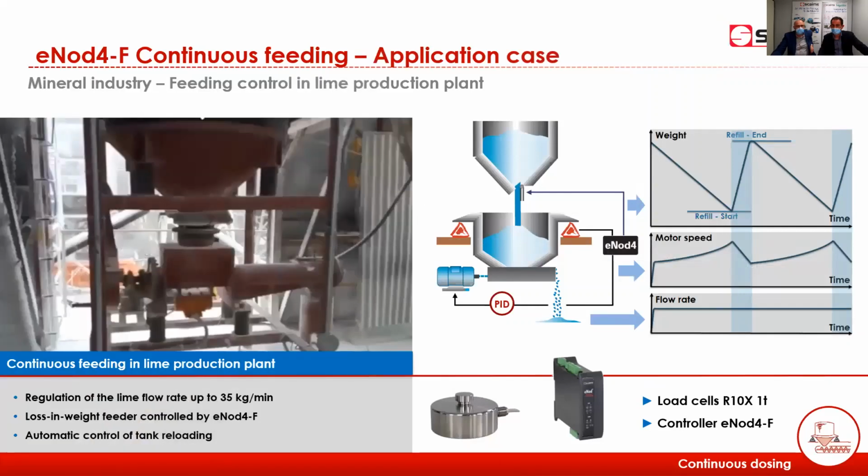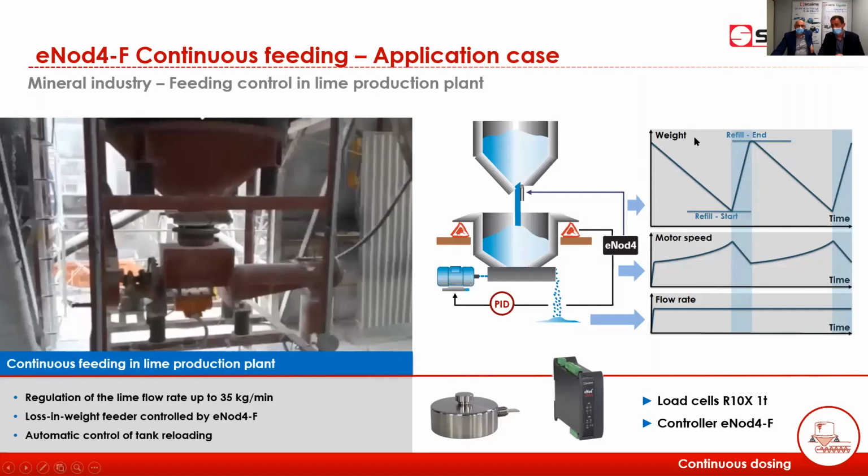So here an application case, which describes a solution, a loss in weight feeder, which was equipped with our eNod4F. You have these three graphics here, which describe the process.